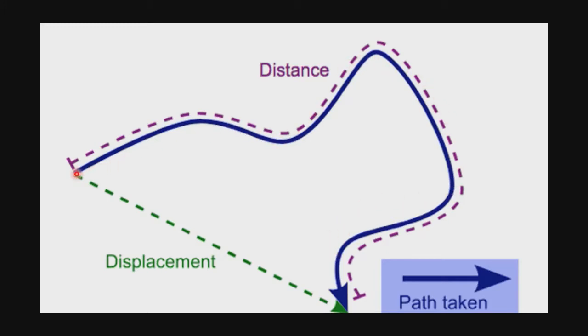The displacement is the position where it originally started and the final position where it ends. This is the concern of the vector quantity. That's why displacement is very different from distance. So displacement is the result of a straight line between the initial position and the final position.